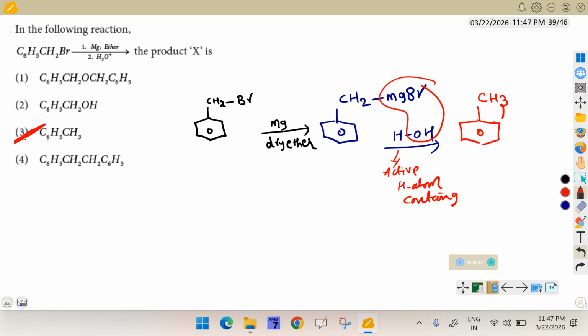C6H5CH3 is the correct answer. I explained this clearly in the previous papers.